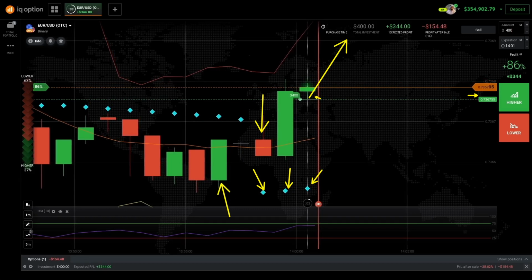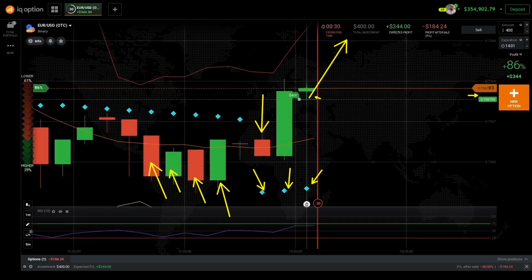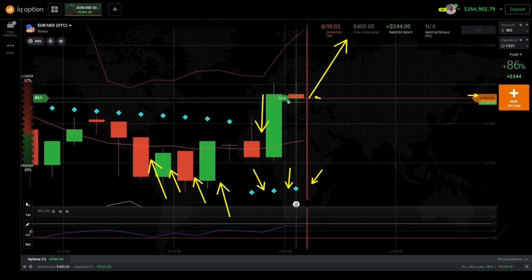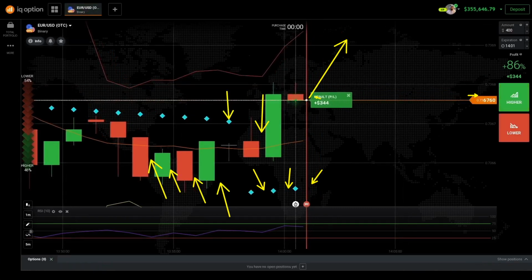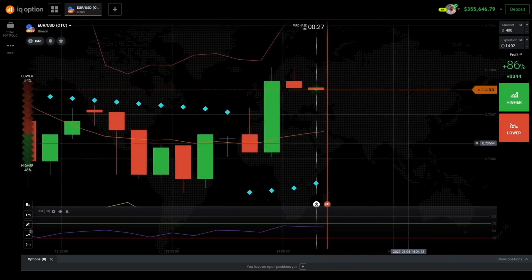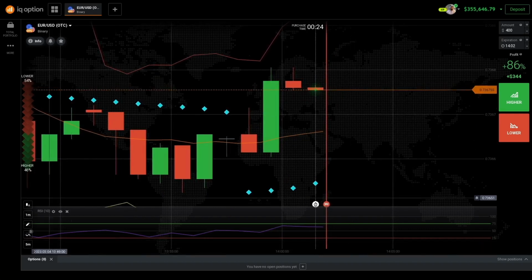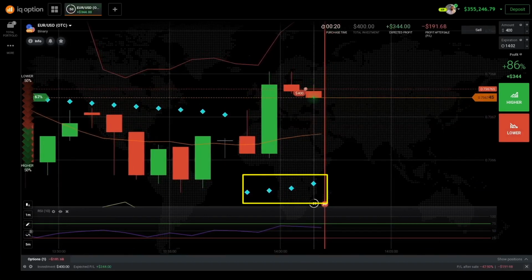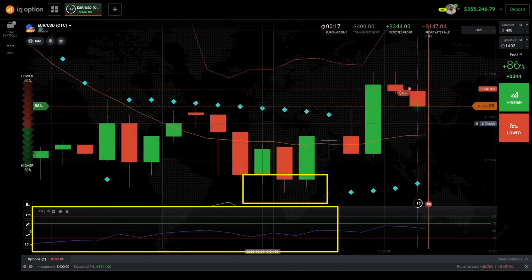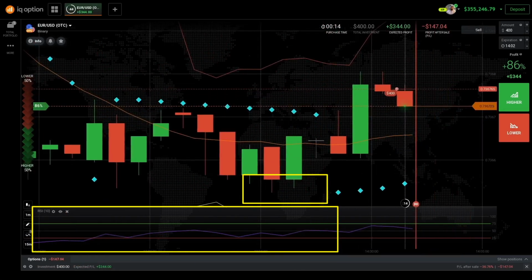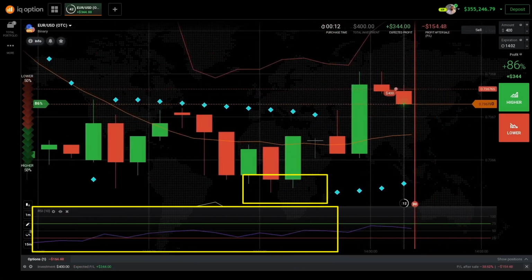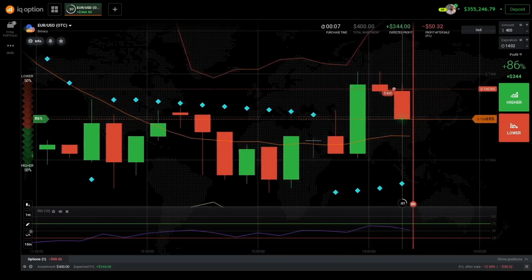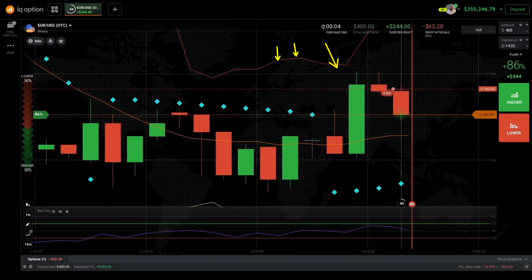So the strategy is based on the colors of the candlesticks, the position of the parabolic SAR, the position of the RSI, and also the Bollinger Bands.